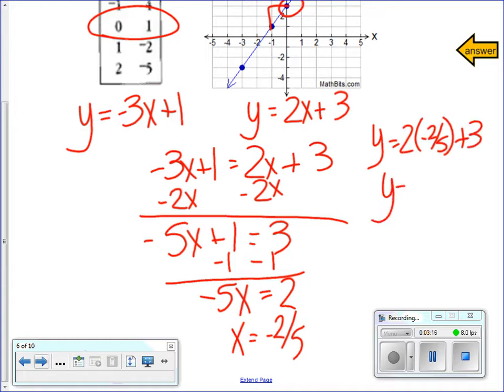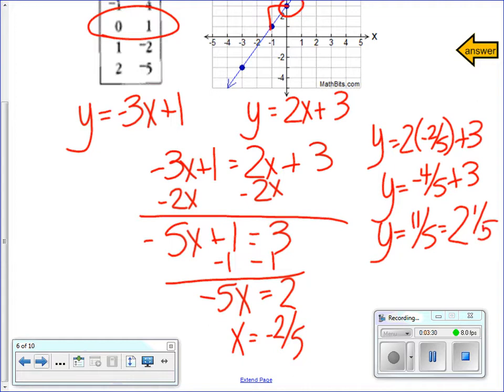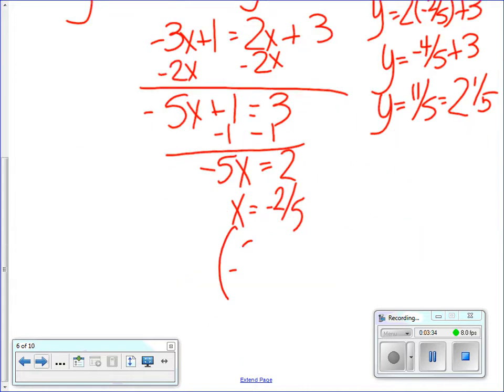So y is equal to negative 4/5 plus 3. So y equals 11/5, or 2 1/5. So my solution is negative 2/5 and 2 1/5.